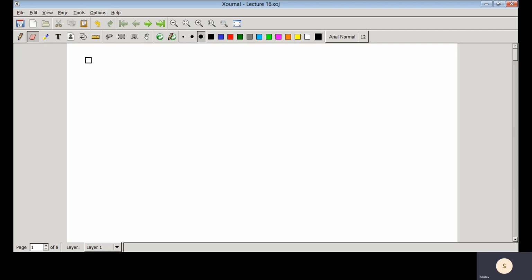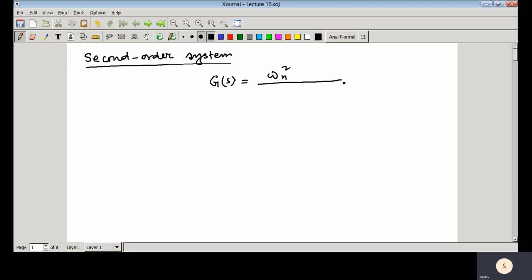So that is second order system. First we consider a second order transfer function in normalized form, and in the last class we discussed why it is called normalized form.